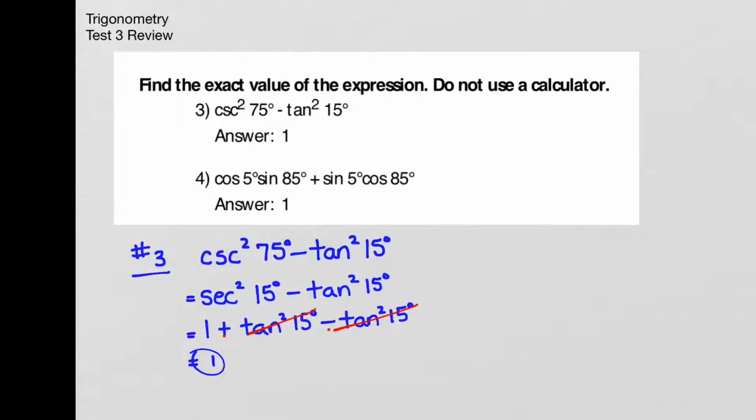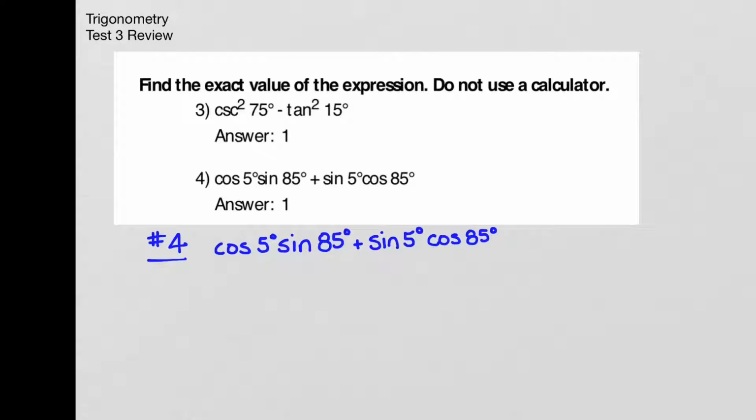Now let's take a look at number 4. I have the cosine of 5 degrees times the sine of 85 degrees plus the sine of 5 degrees times the cosine of 85 degrees.